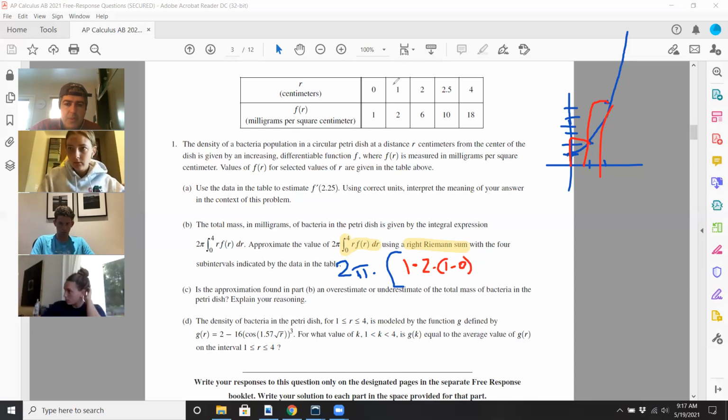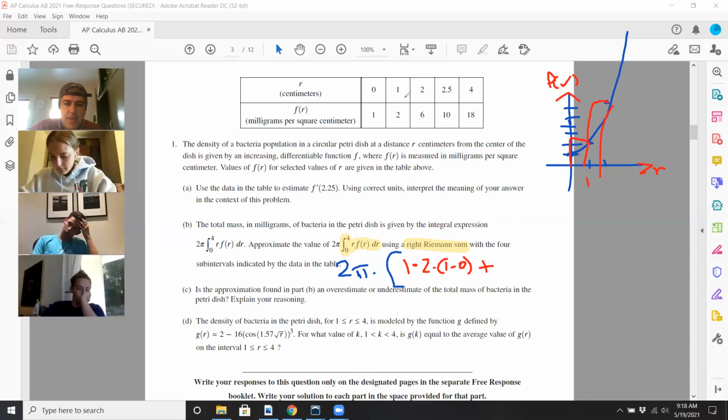So yeah, we are using the right corner, which is at R equals 1, because this is the R axis, and that's f of R, of course. Plus, and then you keep going. So you have to then do the next interval.